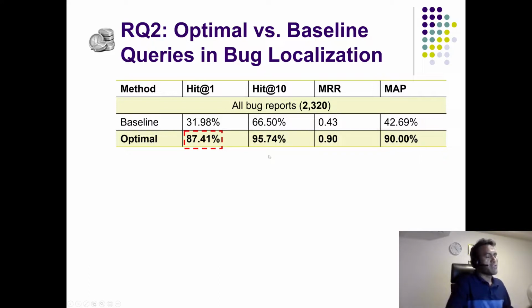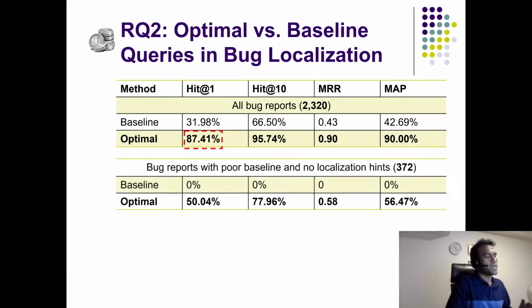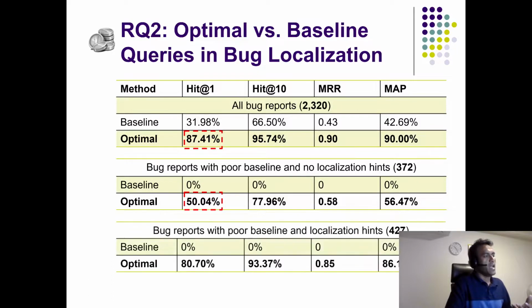But we also did the investigation for the subset for which the baseline queries were not able to perform well, right? So you see that the optimal queries were able to provide pretty good performance, whereas the baseline queries basically fail. And this is also true for another subset for which the baseline technique basically failed, right?